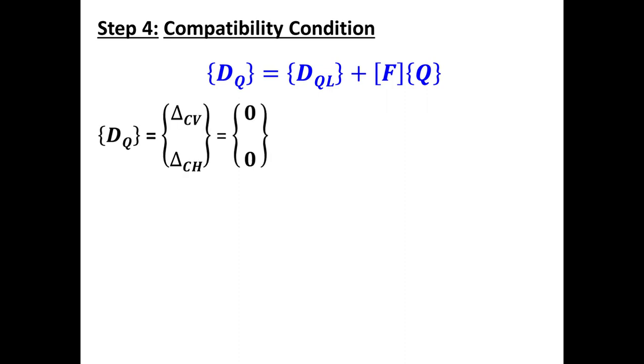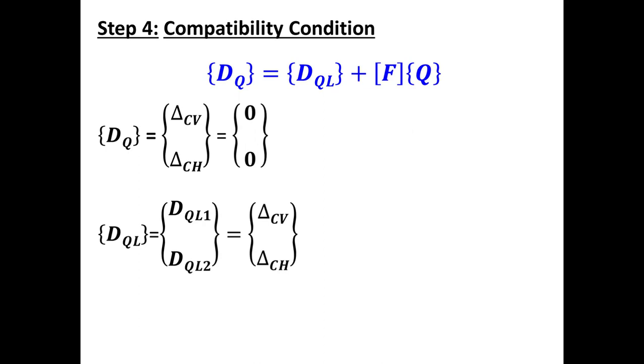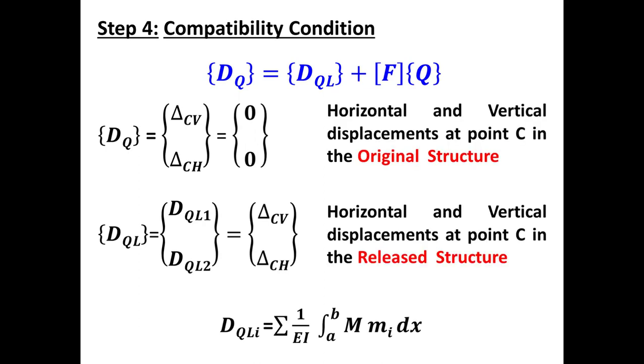So what is the compatibility condition? dq equal to dql plus f into q, where dq is the displacement corresponding to unknown reaction in the original structure. So in the original structure our unknowns are RCV, that is vertical reaction at C, and RCH, that is horizontal reaction at C.